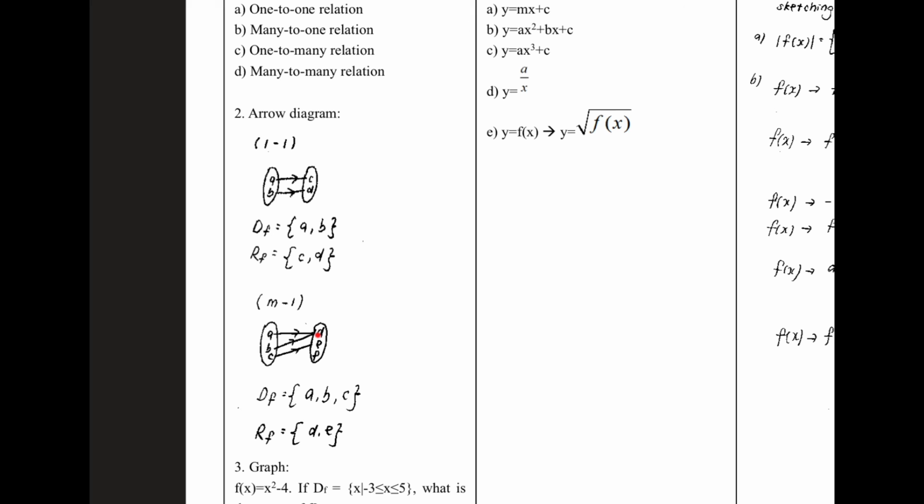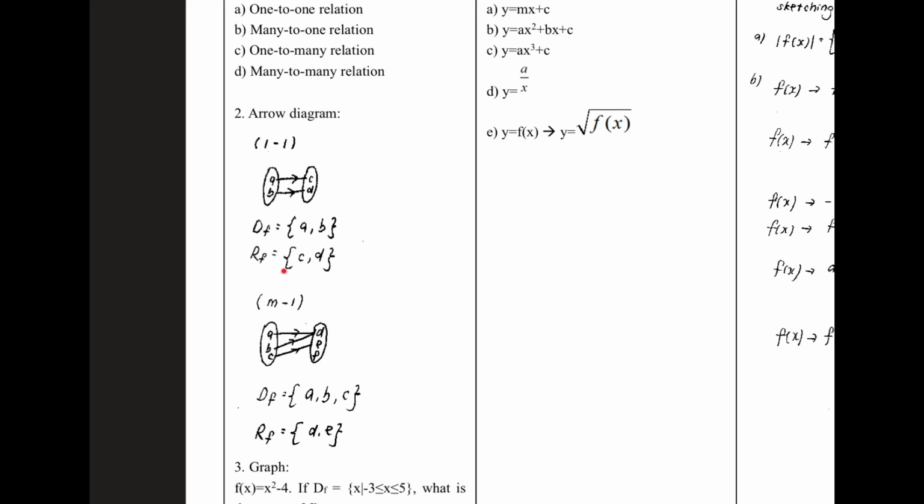So they are D, they are E. F is not under the range because there is no arrow that maps to F. So in other words, F has no object, so it is not under the range.